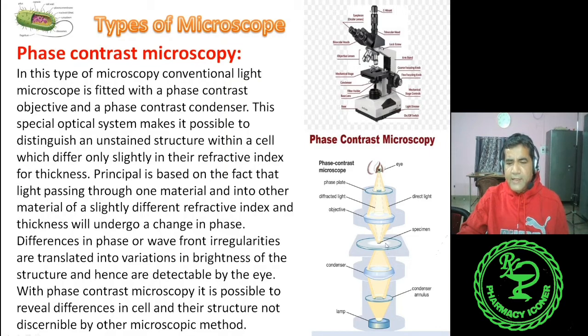So these lights are indicating light from different refractive index materials. So this is phase contrast microscopy. Here we can view microorganisms without staining and differentiate different parts.